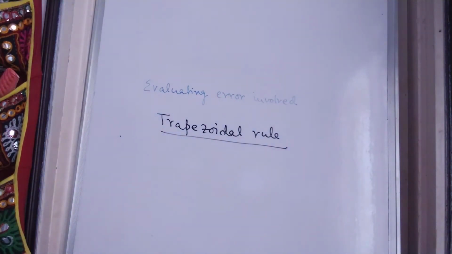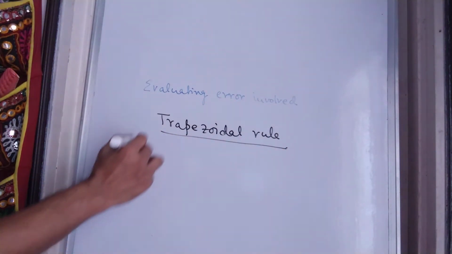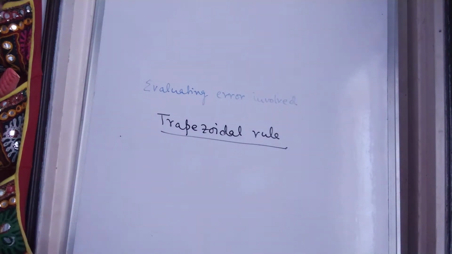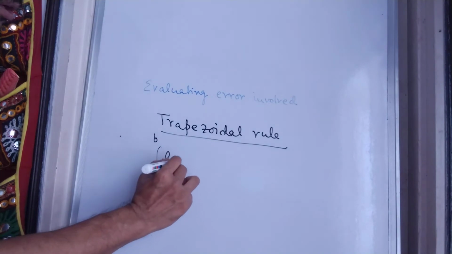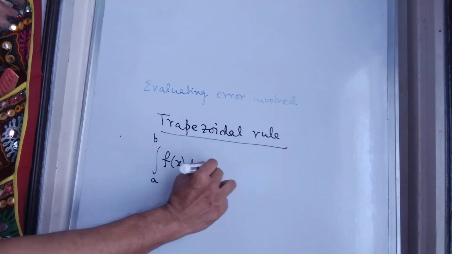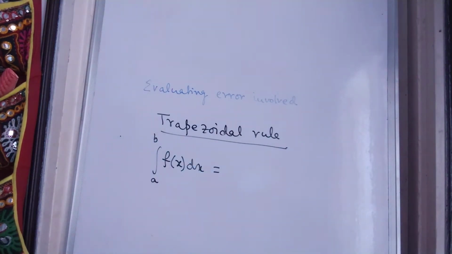Which we all know is obtained from the quadrature formula of the integral from a to b of fx dx by putting n equal to 2.